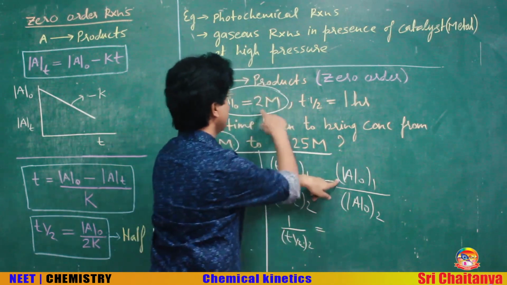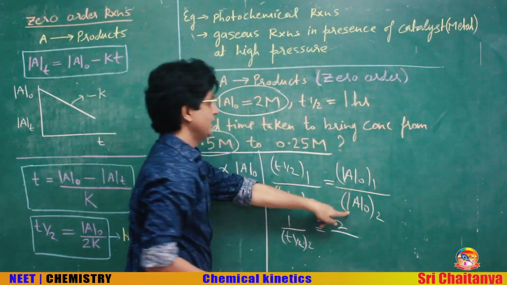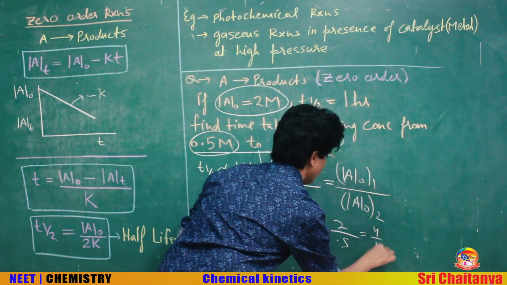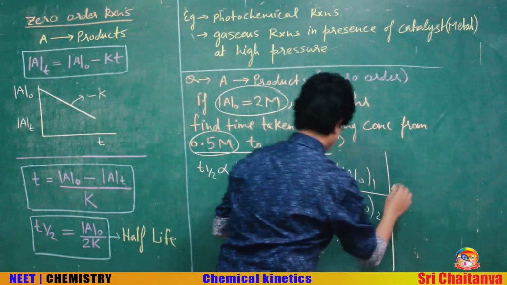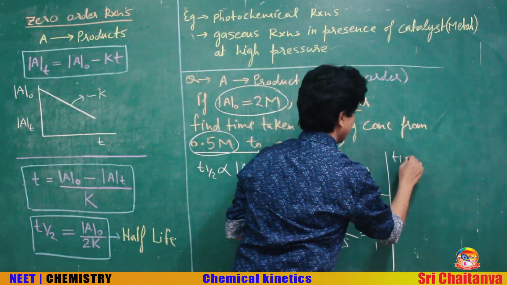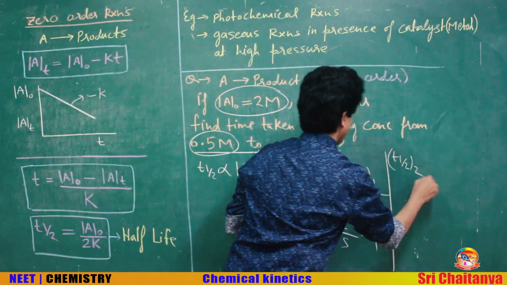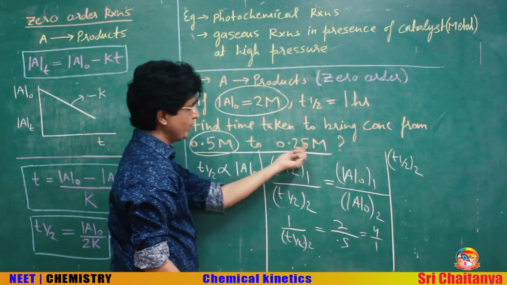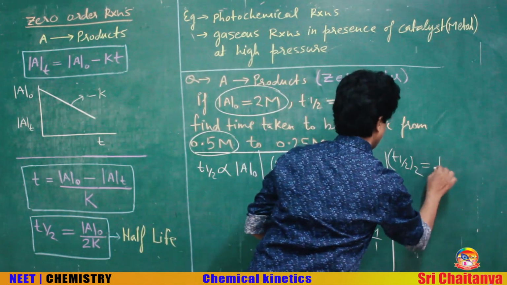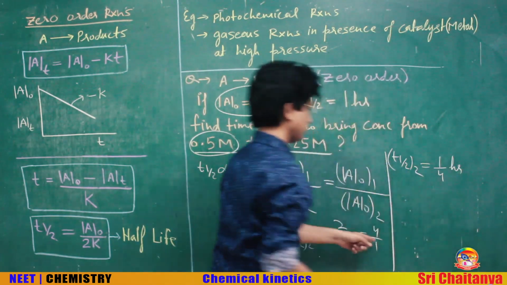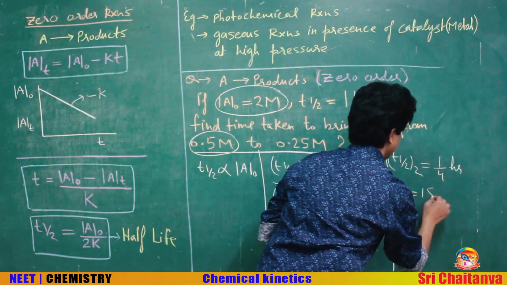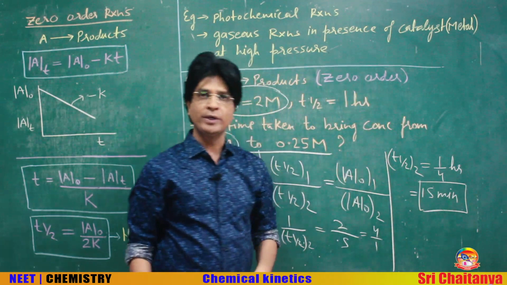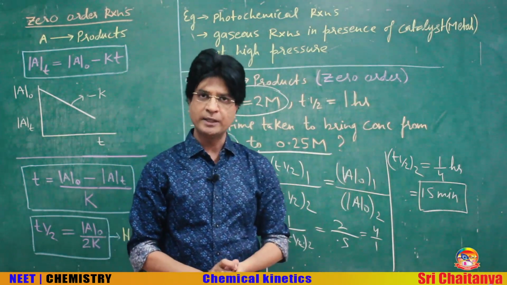A naught here is 2 molar and A naught here is 0.5, so you will see that this will be 4 by 1. So by rearranging, the time required to bring the concentration from 0.5 molar to 0.25 molar will be 1 by 4 hour, and this will be equal to 15 minutes. So this is how you are going to do the question. I hope it is clear.